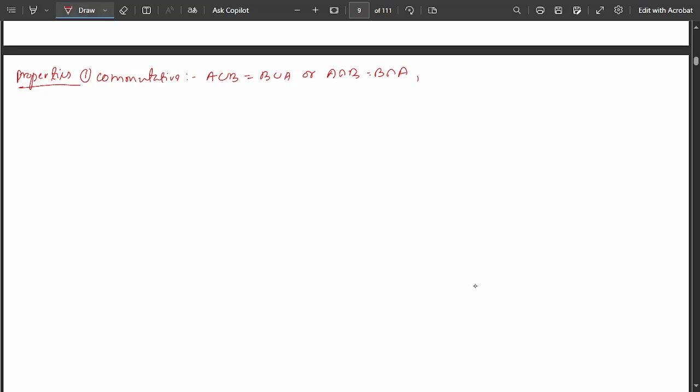Similarly, the associative property is also there. But the one we do as a problem is the distributive property.